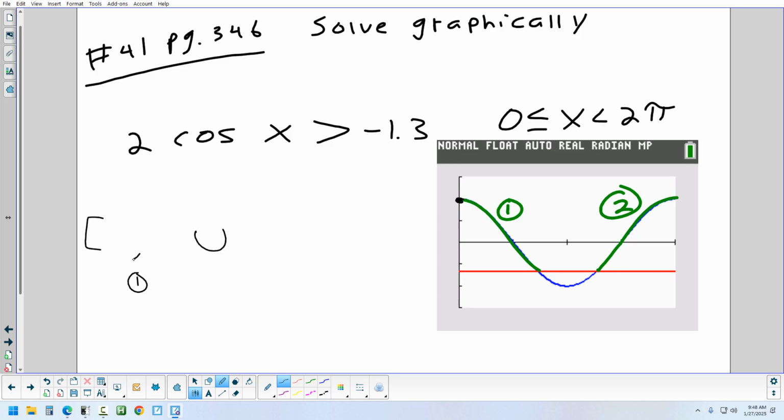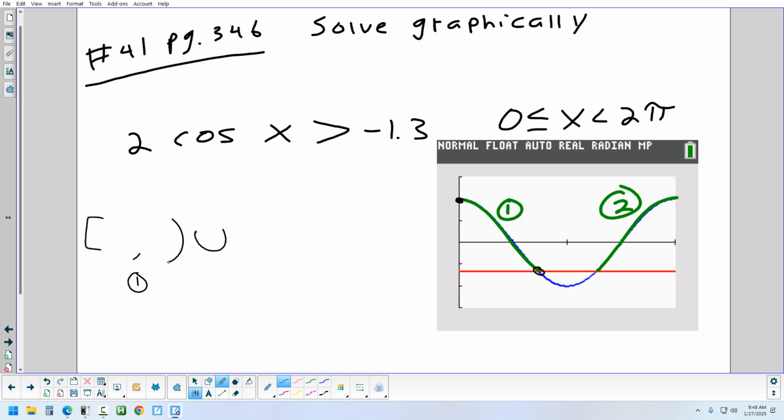How about the end of interval 1? Can we include that or not include it? No, why not? Because you're only looking at where it's greater than, not greater than or equal to. You're only looking at where it's greater than the red line, not equal. So that's how interval 1 is going to look. Now let's do interval 2.